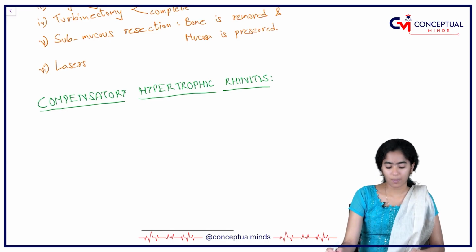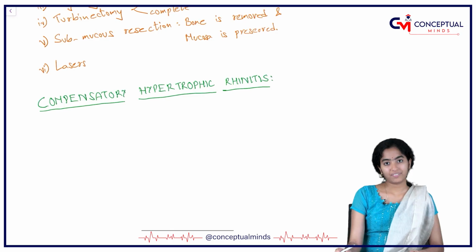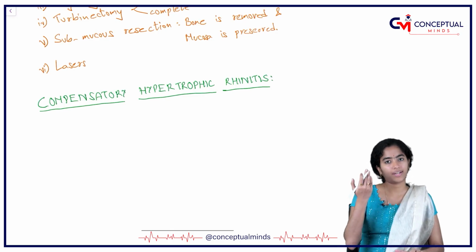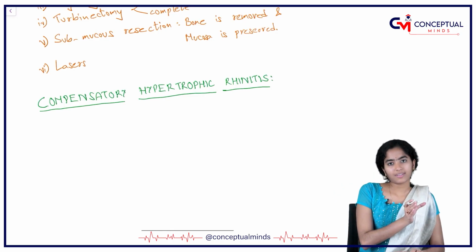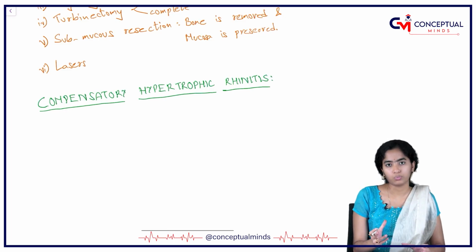What is compensatory hypertrophic rhinitis? Say in a patient of deviated nasal septum, the septum has deviated to one side. Now the other side nasal cavity has become very roomy. It has become very wide.